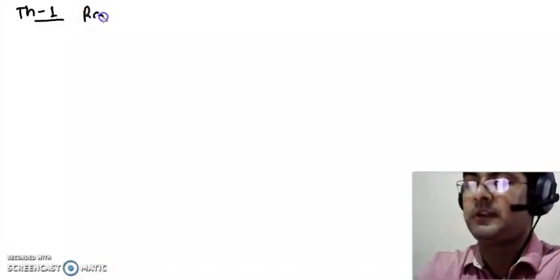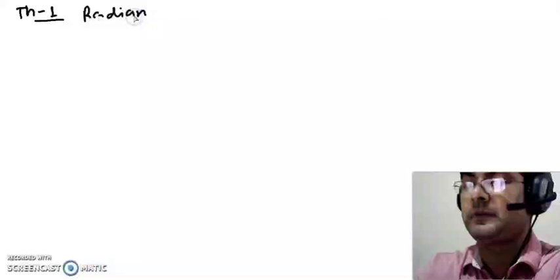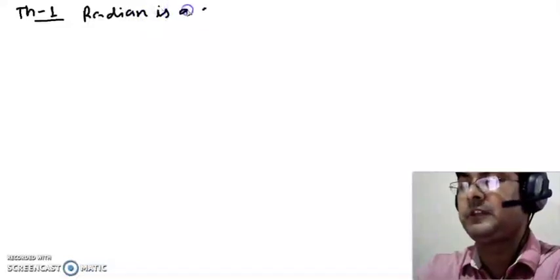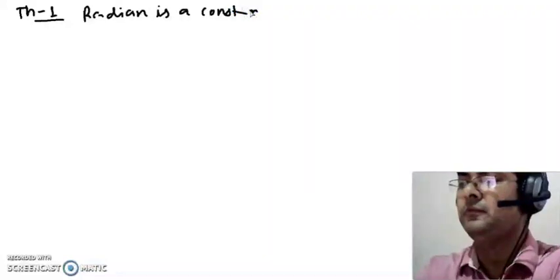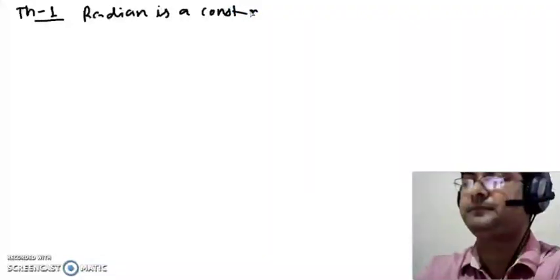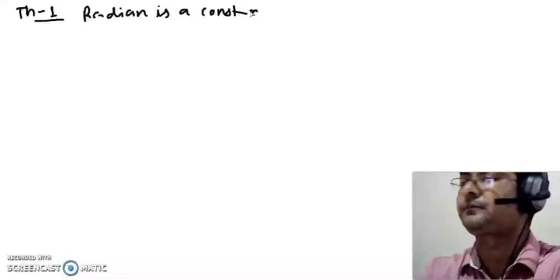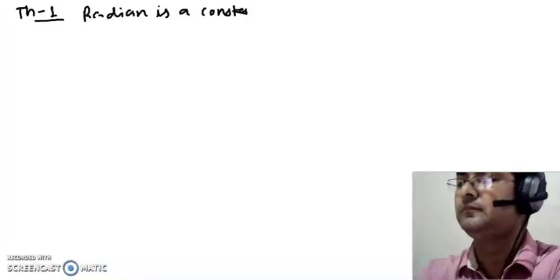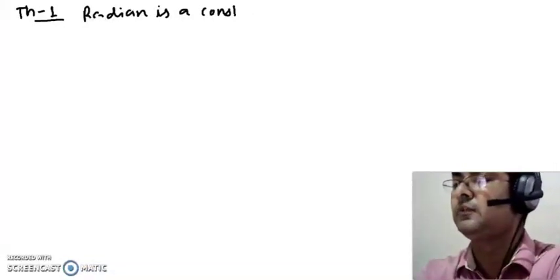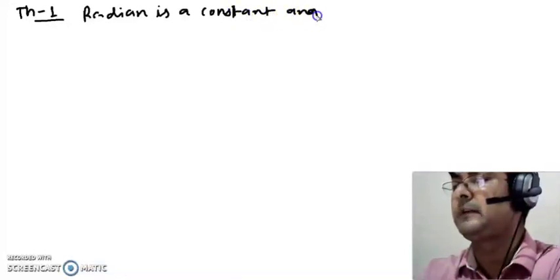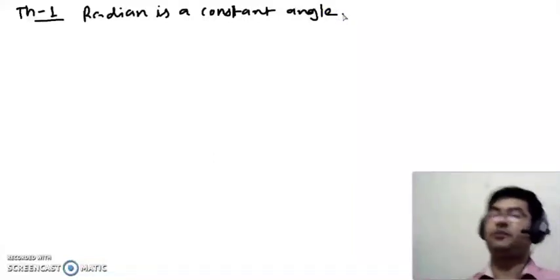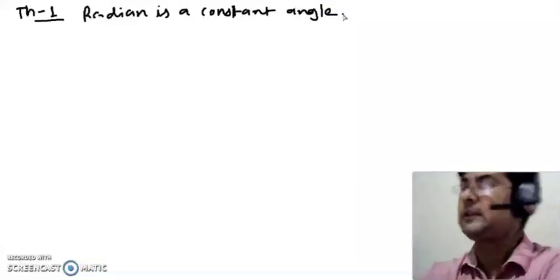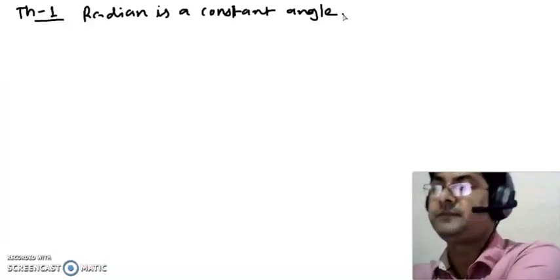Theorem number 1 is: radian is a constant angle. Let us consider a circle for this.